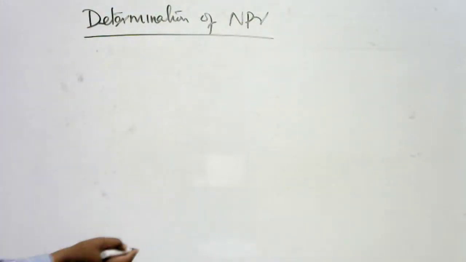So NPV, we have the cash flows for year 1 up to the last, right?